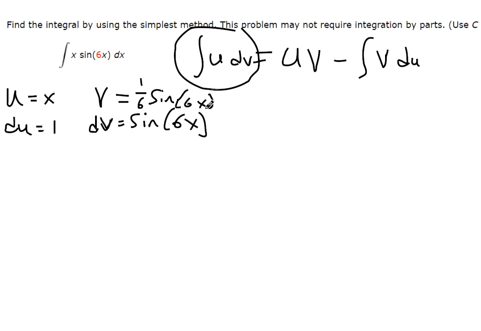And if you're not sure where that came from, that's back when we used to do antiderivatives of just sine of 6x. Look, when you take this derivative, cosine. And it needs to be negative. Okay, that's the correct antiderivative because when you take a derivative of cosine, it's negative sine, so that's why I stuck a negative sign out here.